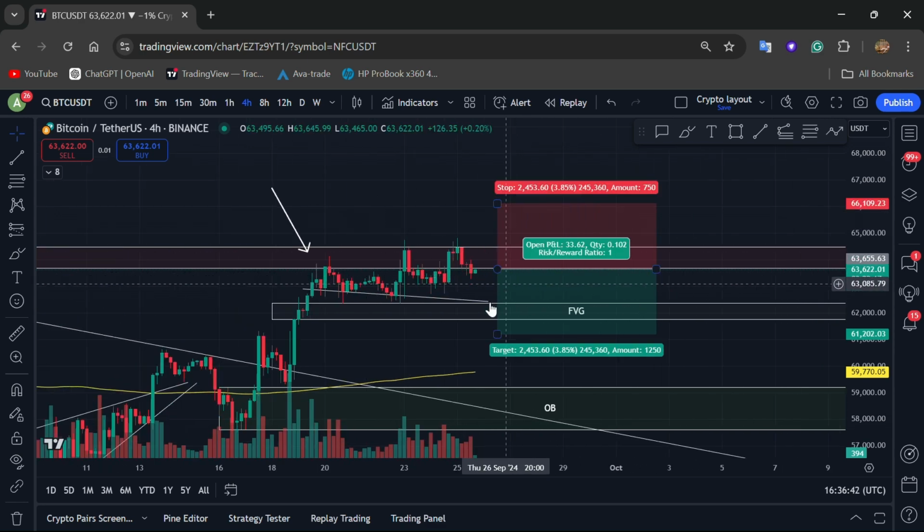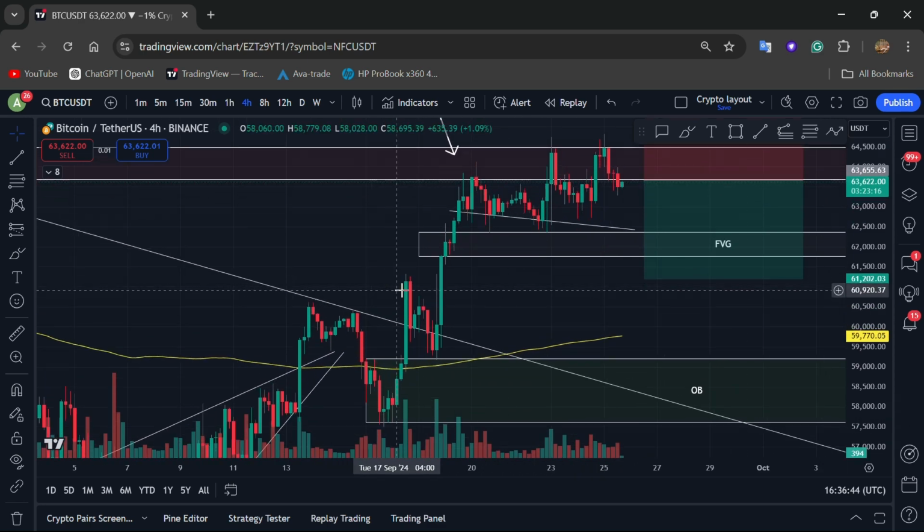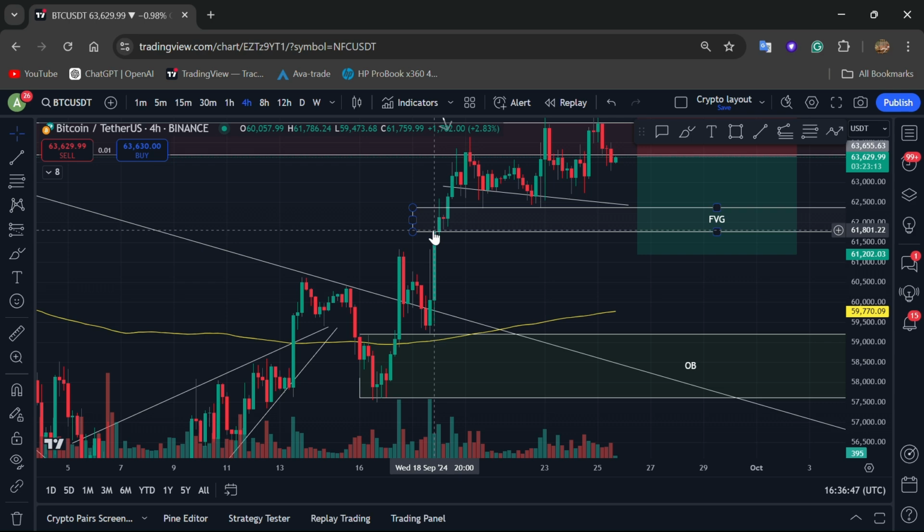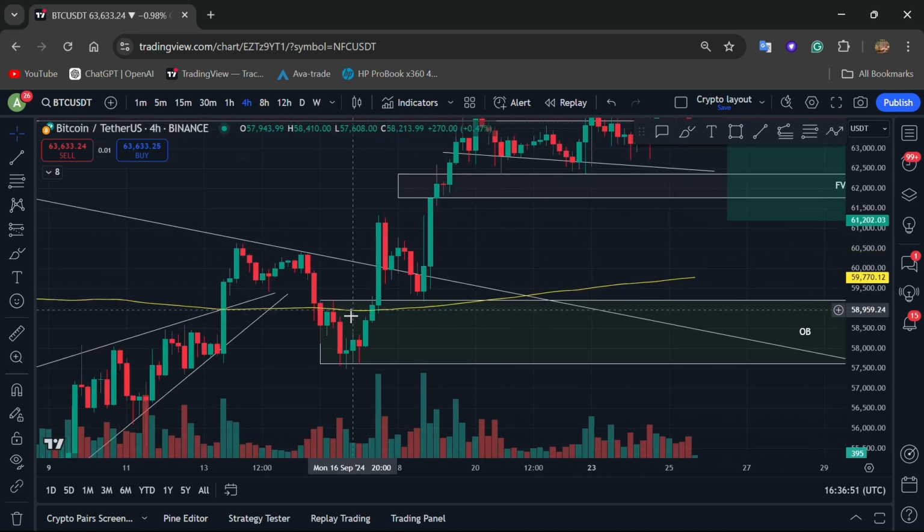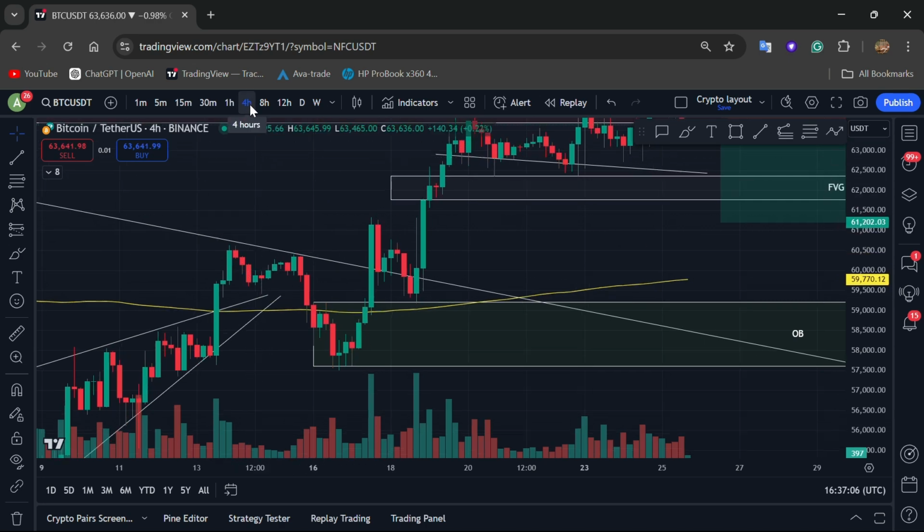Also, I wanted to say something about the candles. So when you see candles like this, green candle, of course, you'll probably understand, it means the price is going up. When you see a red candle, it means the price went down. So this is the 4 hours time frame, yeah?